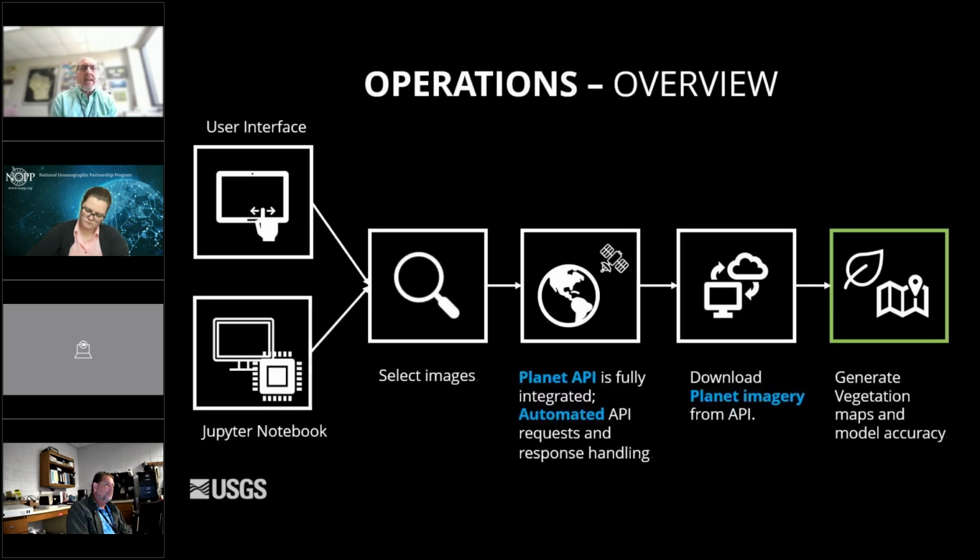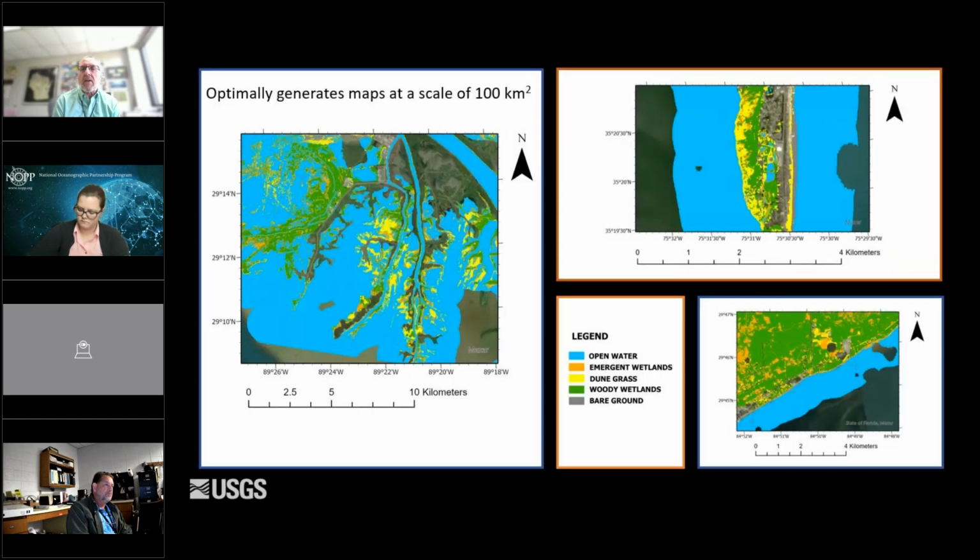Again, it's highly automated. That's what comes from the Jupyter notebook, and it guides a user through selection of images, and then runs the classification, and then produces these updated maps. Just some examples there, again, with good high accuracy. One machine learning model works for all these areas, so some nice implementation there.